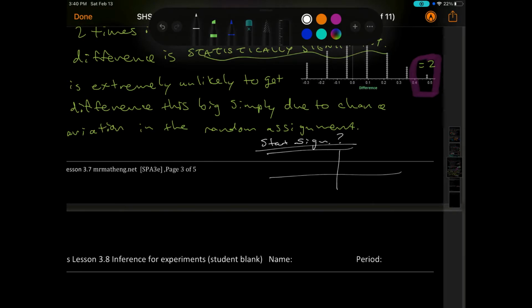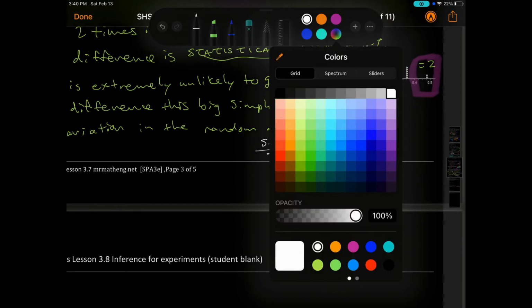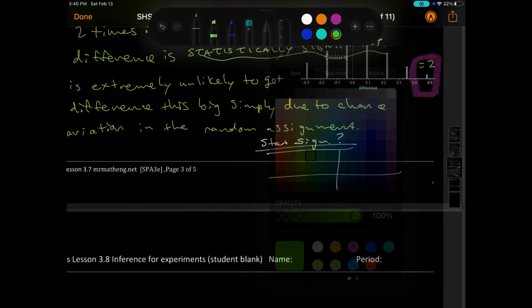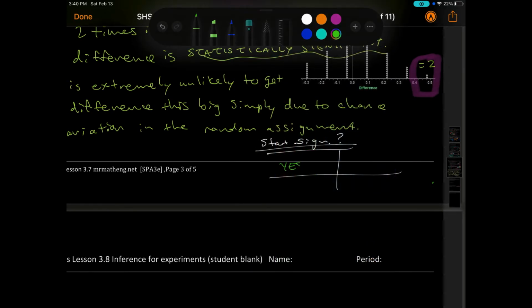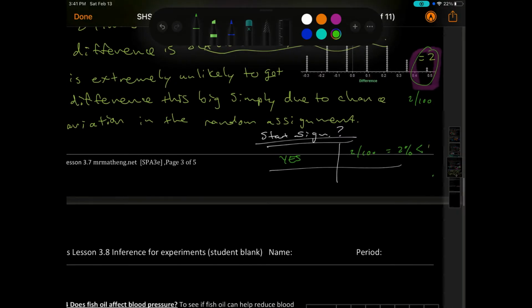And I just made this chart. The last problem we said, yes, it's statistically significant. In the last problem, this was 2 out of 100. So 2 out of 100 gives me 2%. And this is less than, I'm going to throw out a number, 5%.